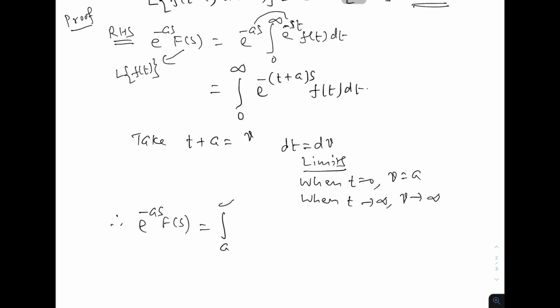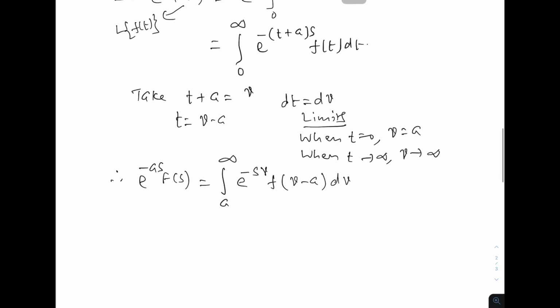integration a to infinity e power minus sv f of t. Now t equal to v minus a, so f of v minus a, dt is dv.